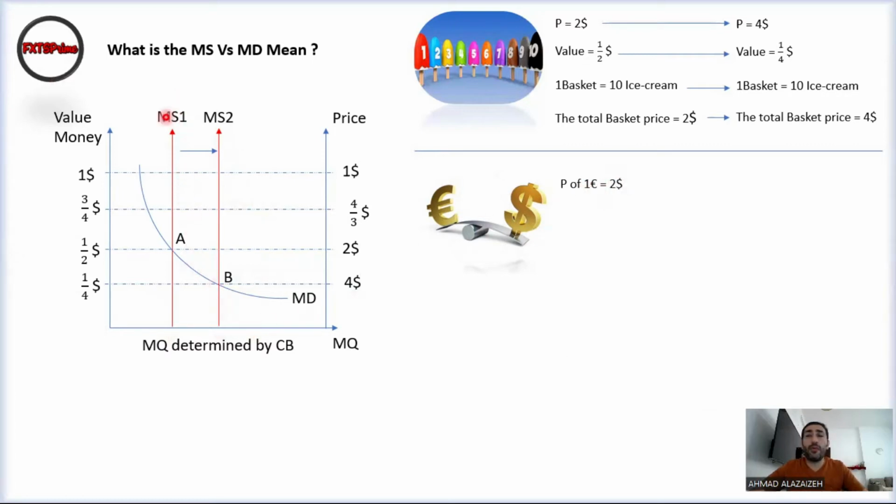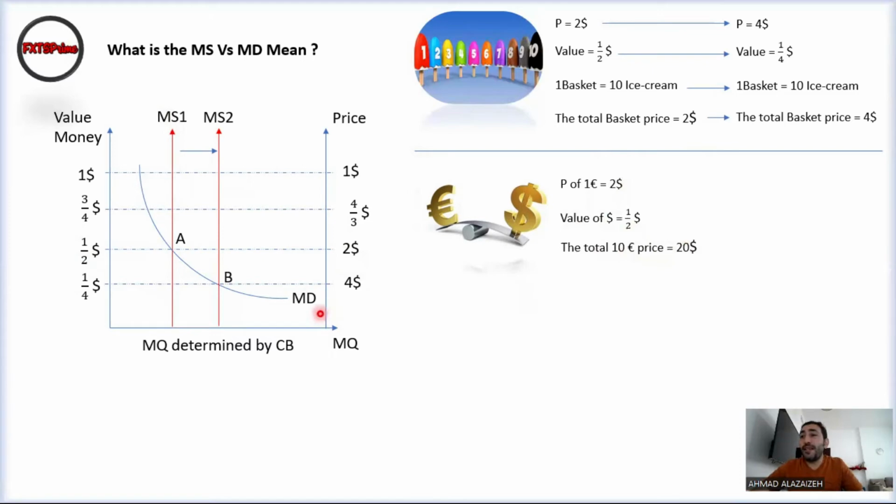So when we had money supply 1 at price 2, the money value of the dollar was half, and the total price for €10 was $20 because each euro equals $2. So we needed $20 to purchase €10.